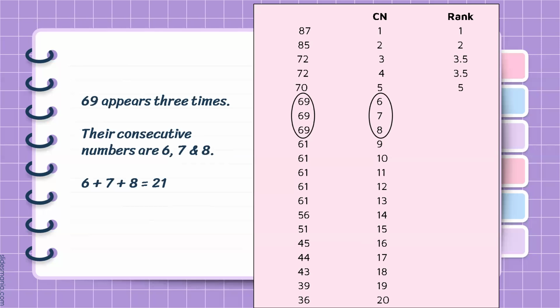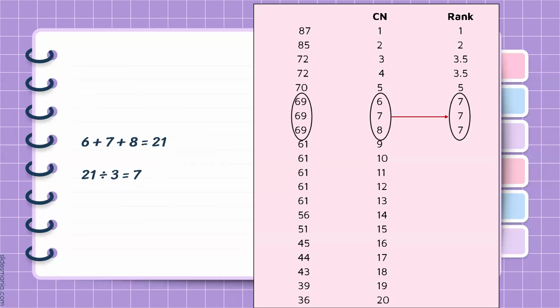So we add these consecutive numbers. 6 plus 7 plus 8 is equal to 21. And 21 is divided by 3 because the score 69 appears 3 times. So 21 divided by 3 is equal to 7. So the rank of the score 69 is 7.